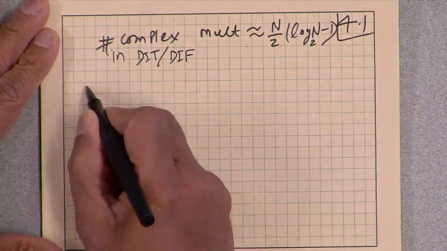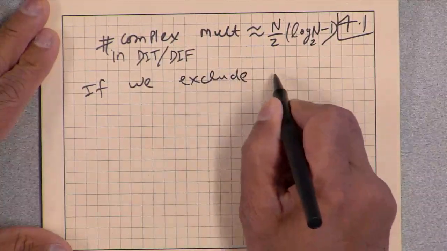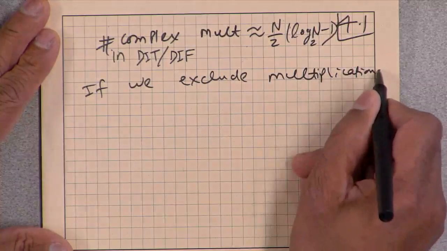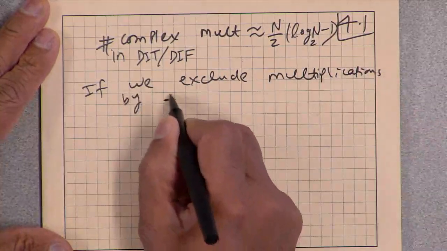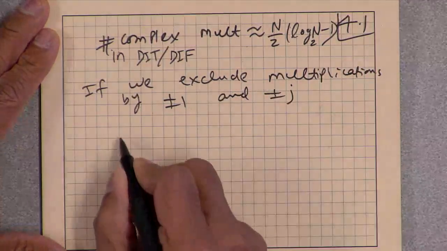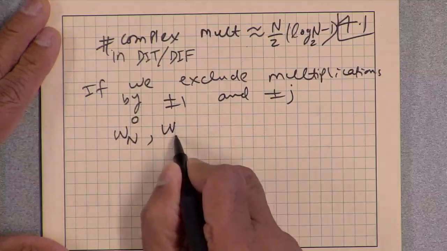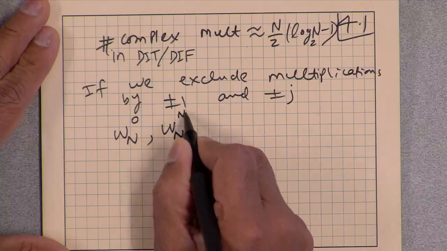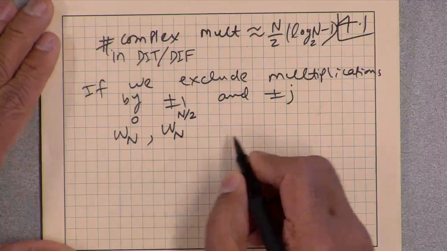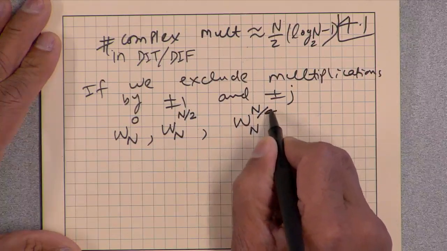So if we exclude multiplications by plus or minus 1 and plus or minus j, so that would be wn to the power 0, minus 1 would be wn to the power n by 2, and wn to the power n by 4, that's plus j.